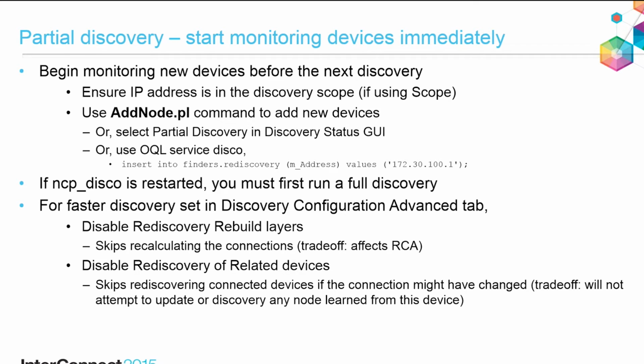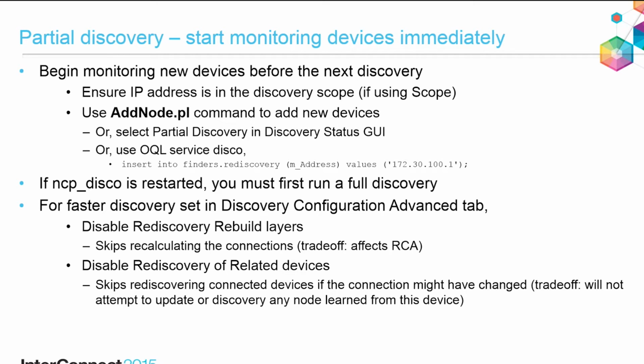You've added the seed. And now for the partial discovery, you've got three ways that you can do this for your day-to-day work. One might be more convenient to you than another. So the add node script is one way of doing it. It automatically does the partial discovery for you. Just the partial discovery, you've still got to add it to the seed for the full discovery.